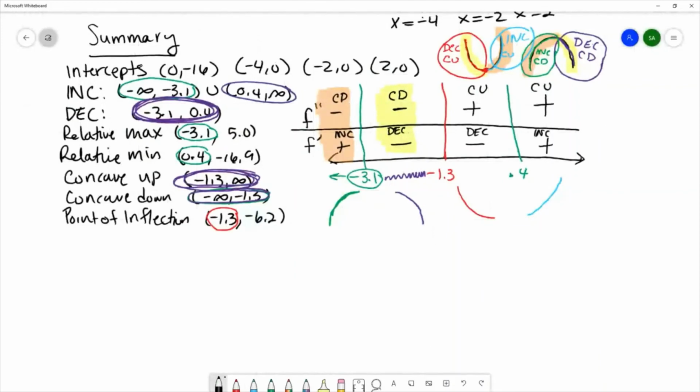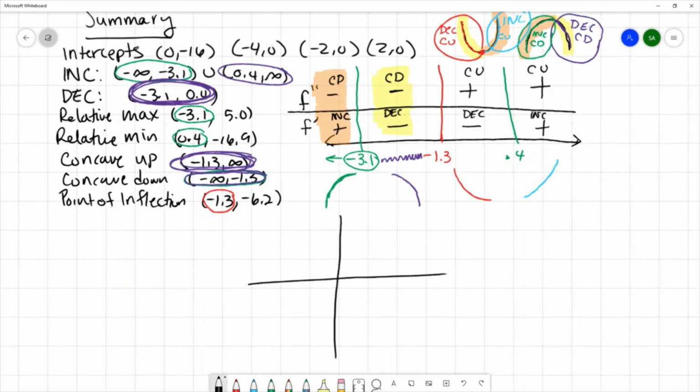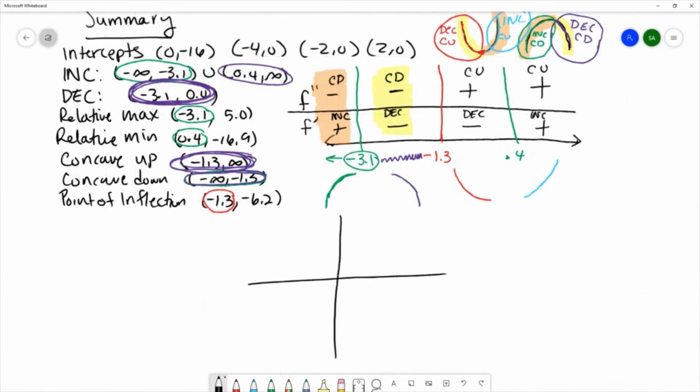Alright, so let's sketch a graph of this curve with all of this summary information. I'm going to use my intercepts, relative extrema, and points of inflection to put on the graph first. My x-intercepts are at -4, -2, and +2.